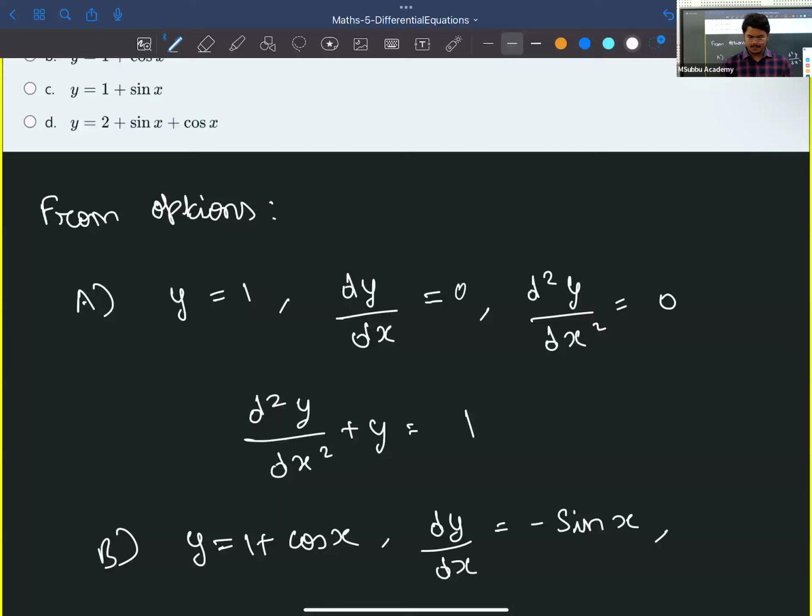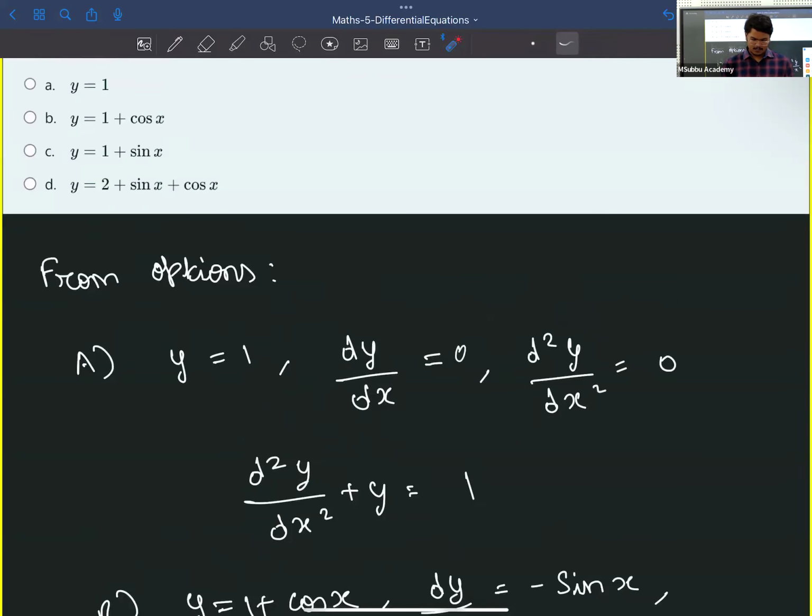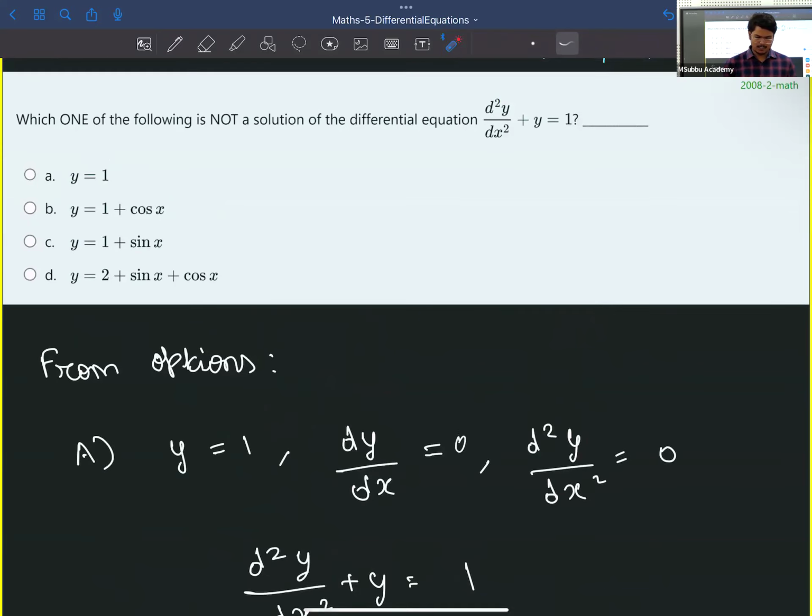Dy by dx is 0, and d square y by dx square is 0. Wait, this is not 1, this is 0. So substitute d square y by dx square, which is 0, plus y, which is 1. You'll get 1. So this may be a solution for this equation.